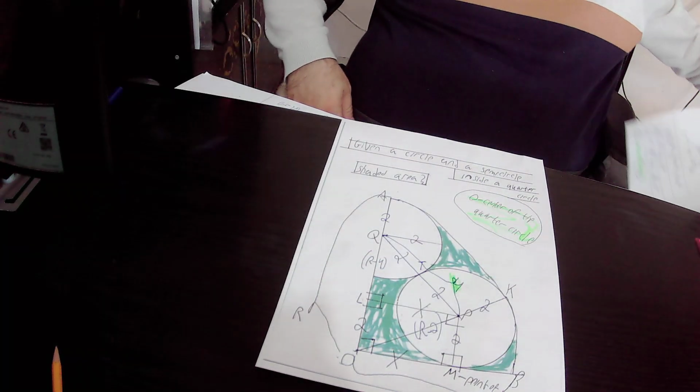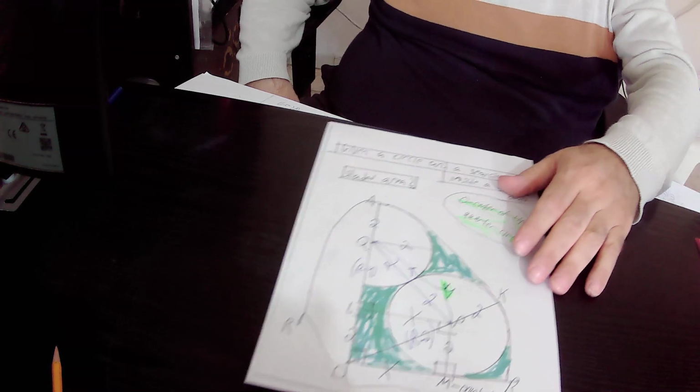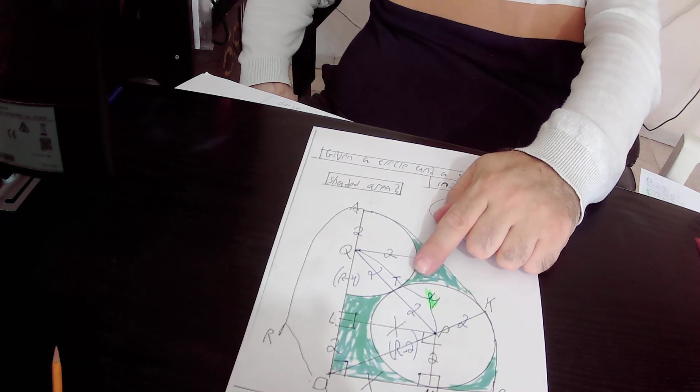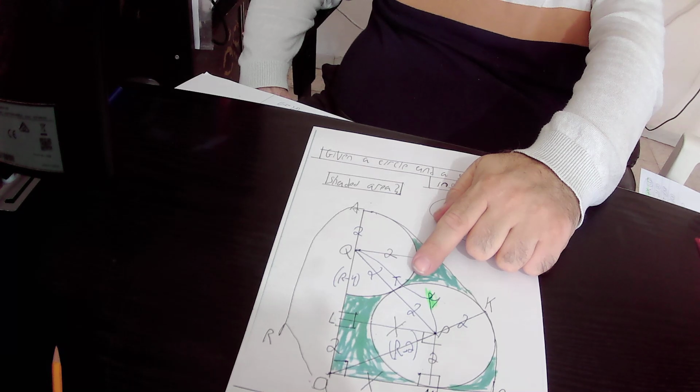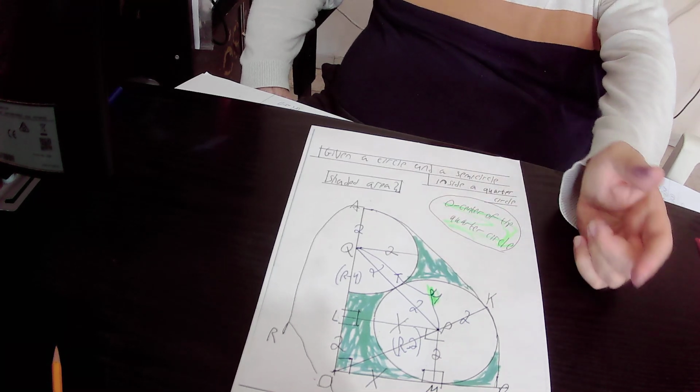So in the next step, we focus at this point, that is the touching point between the circle and the semicircle, and we define this point as point T. So point T is the touching point between the circle and the semicircle.